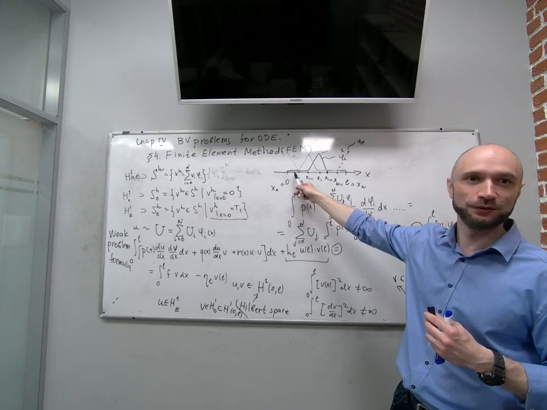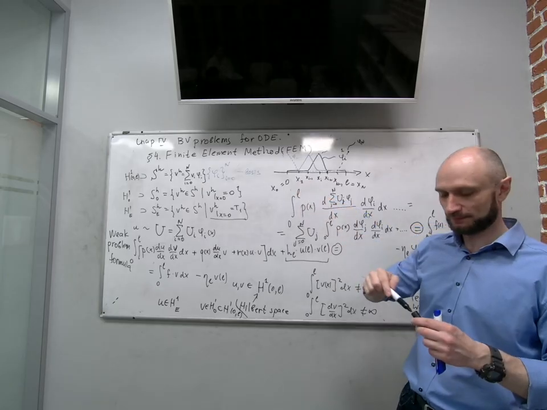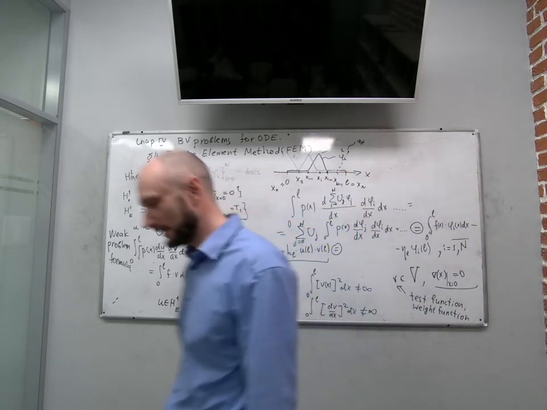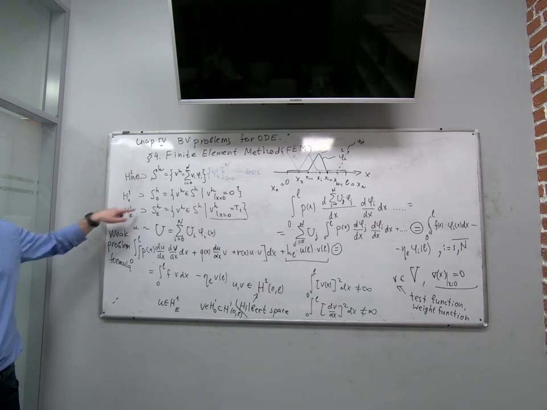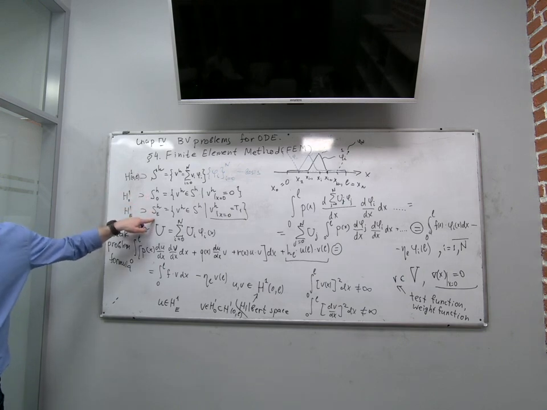You follow? Phi 0. How can they be satisfied simultaneously? I thought that this is for different functions. The spaces H0 and H are different, these are different functions for sure.